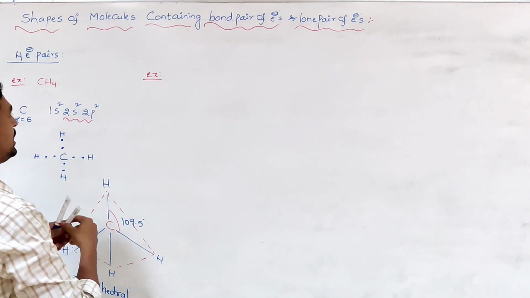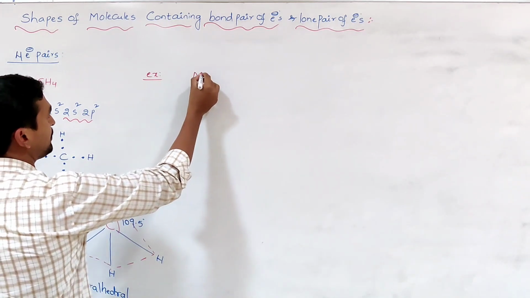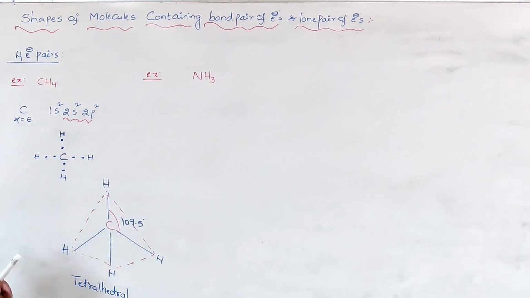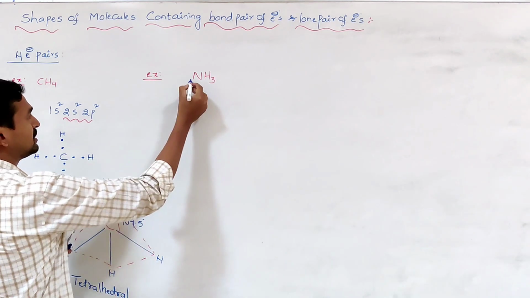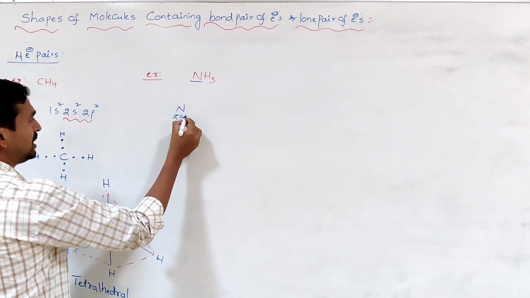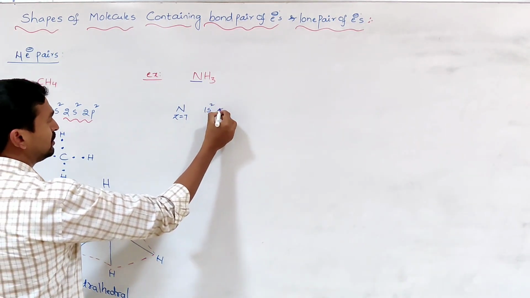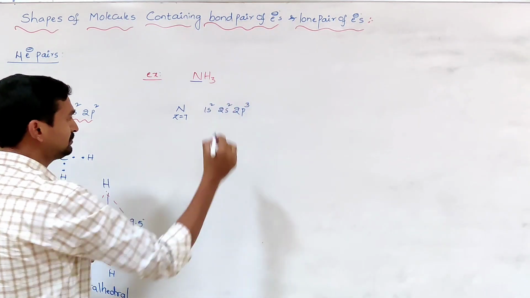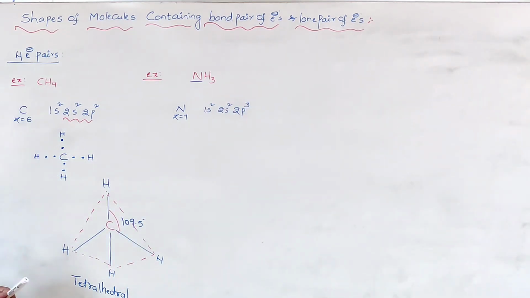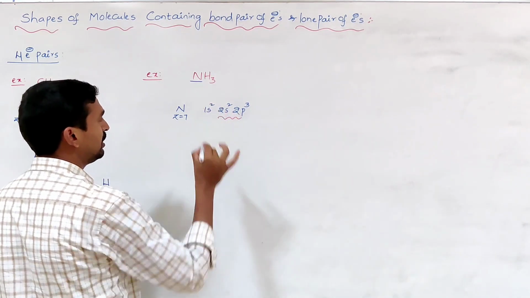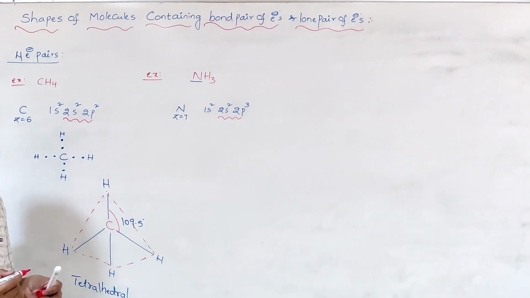The example is the NH3 molecule. In that one, the central atom is nitrogen. You know the nitrogen electronic configuration very well: 1s2, 2s2, 2p3. How many valency electrons are present? Five valency electrons are present. But around the nitrogen, how many hydrogen atoms are present? Three hydrogen atoms.